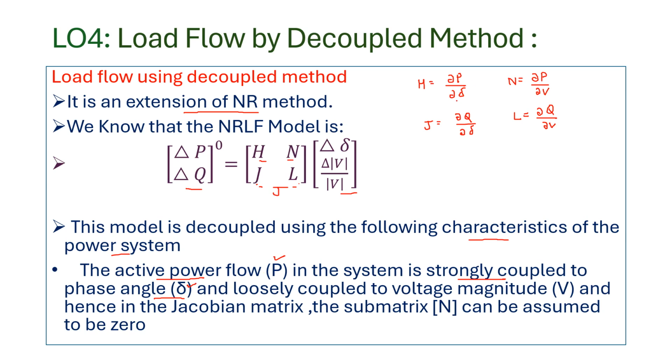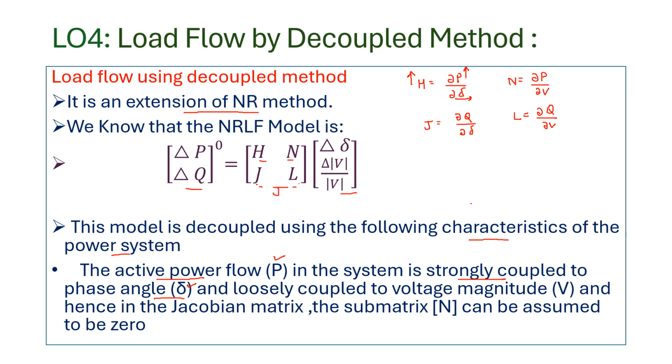Strongly coupled in the sense that for any unit change in the phase angle, there will be a substantial change in the active power, and hence there will be the existence of the elements of the H submatrices.